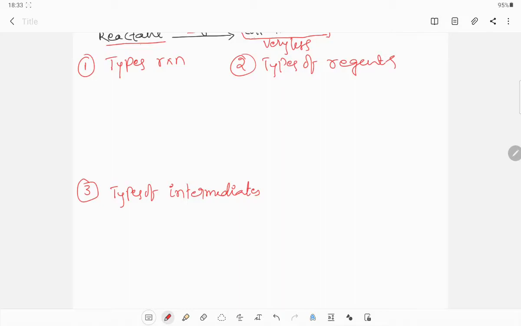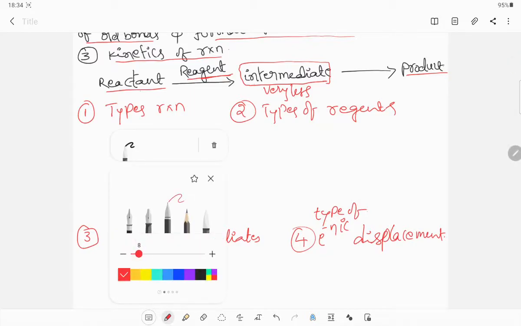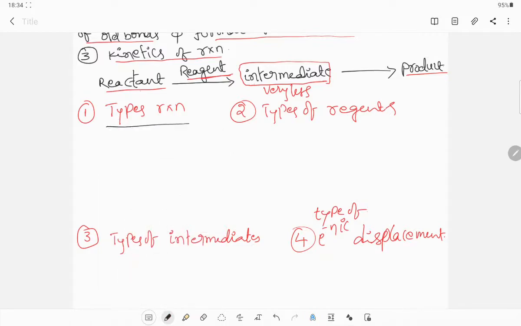And number four is what type of electronic displacement will take place. See, a reaction consists of all these four characteristics: that reaction comes under which type, what type of reagents we can use, what type of intermediates will be formed, and what type of electronic displacement will take place.